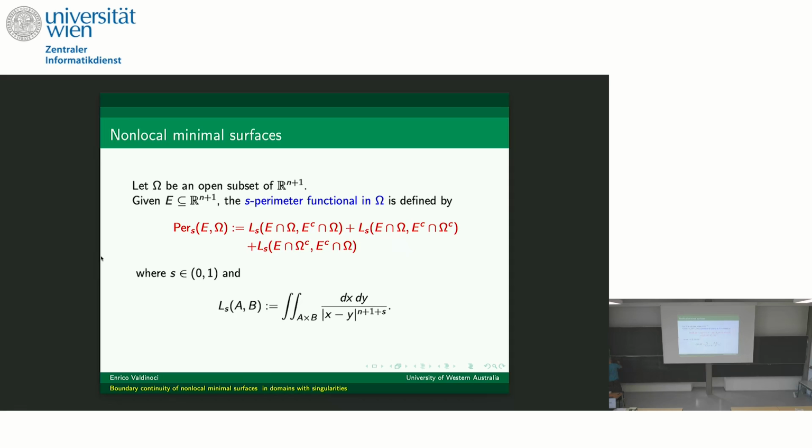for a fractional parameter S in (0, 1) is given by the interaction.